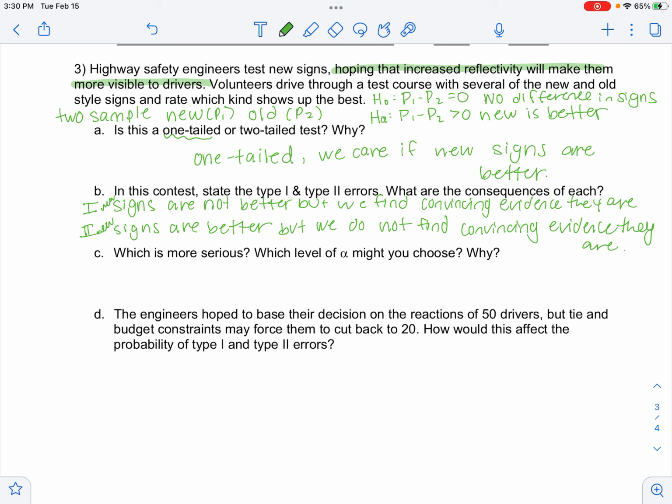Which is a more serious error? I would say here, the more serious would be type 1. I would rather not make a type 1 error, that the signs are not better, but we find convincing evidence that they are, because then again, I'm putting out signs that are not any better. So I would say type 1 seems more serious.